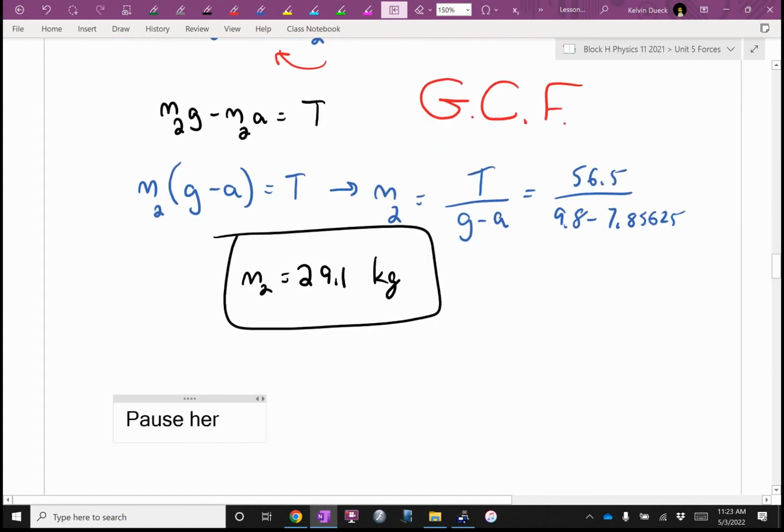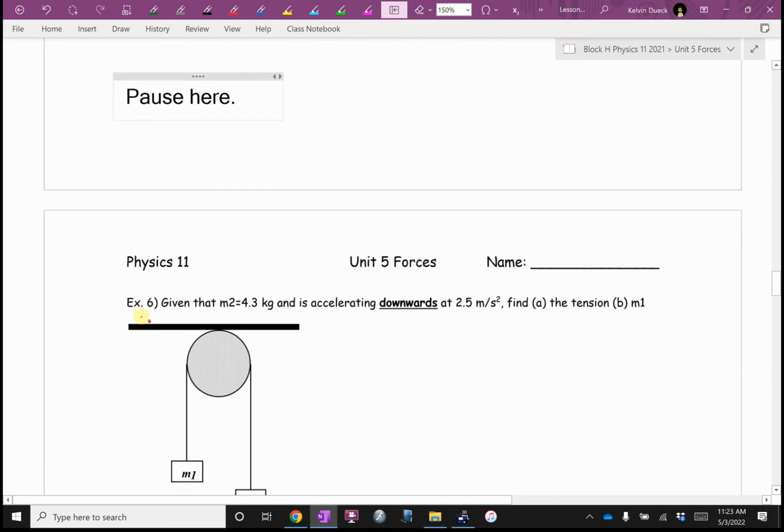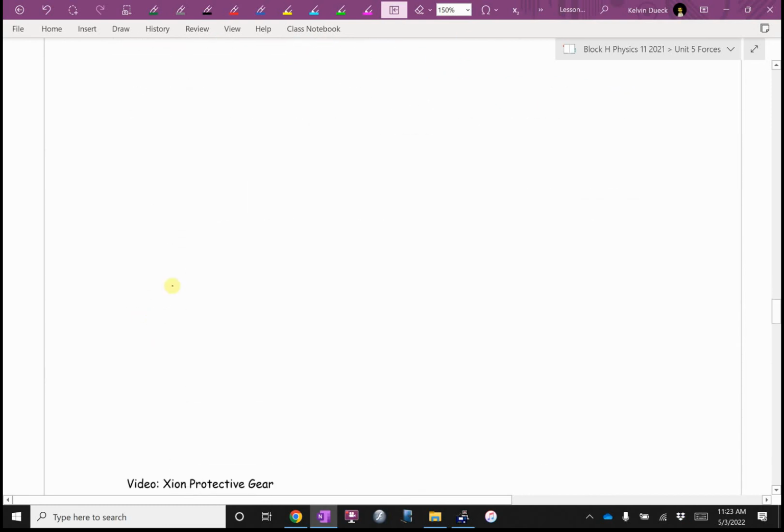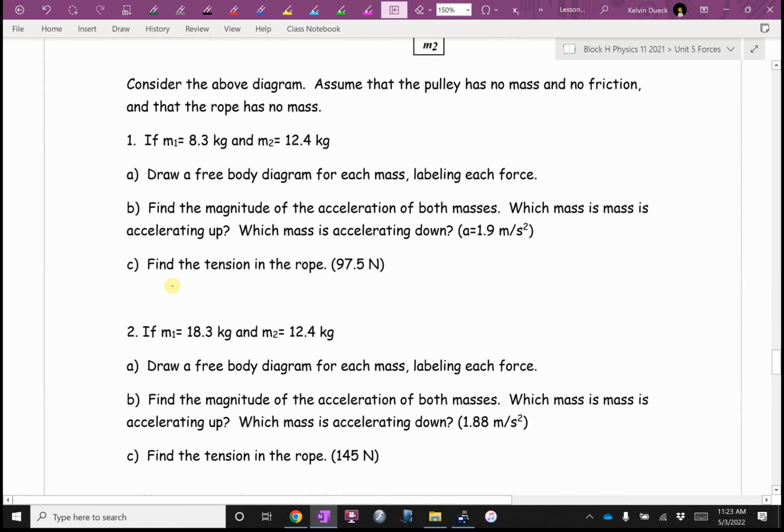I'm going to pause here. I'll start tomorrow doing another missing mass question, example 6, then we're done. But I'm going to give you some homework to practice. Number 1 is an Atwood machine.